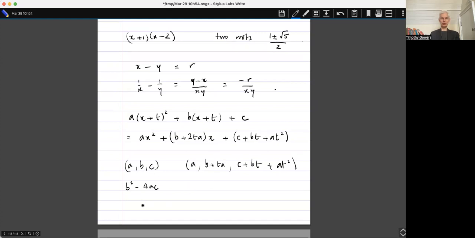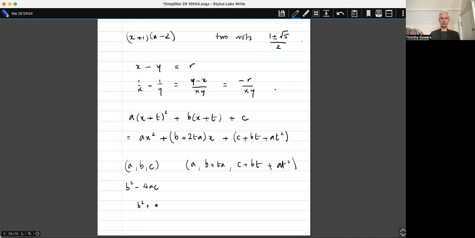So I'll get b squared plus 2bta plus a squared t squared minus 4a times c plus bt plus at squared. Okay, looks like it is working embarrassingly. Or is it? No, maybe not.